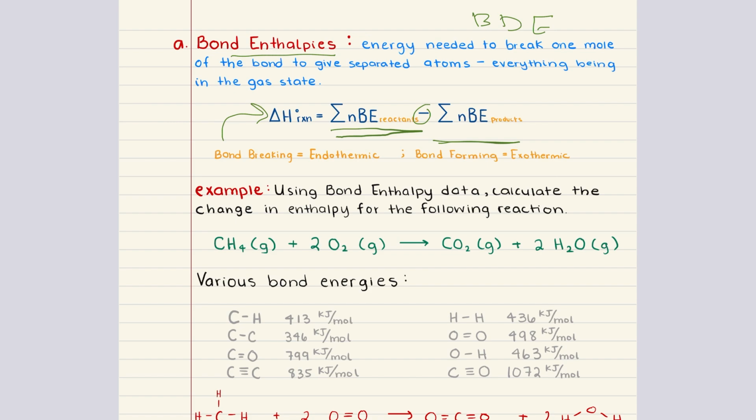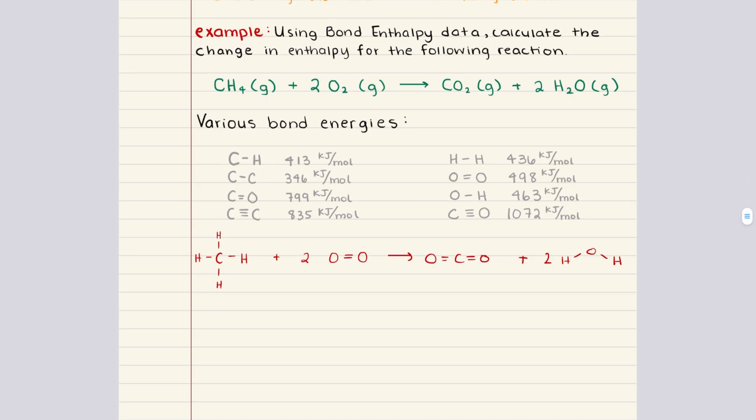The result gives us the net energy change of the reaction. Positive if the reaction overall absorbs energy and is endothermic, and negative if it releases energy and is exothermic. The best way to understand this is to apply it to a practice problem.